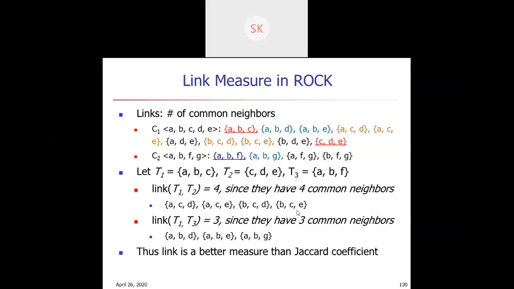The link between T1 and T3 is equal to 3 since they have 3 common neighbors, that is ABD, ABE and ABG.